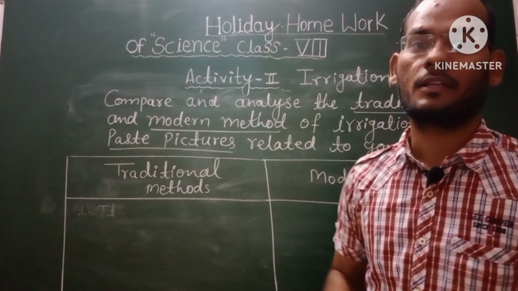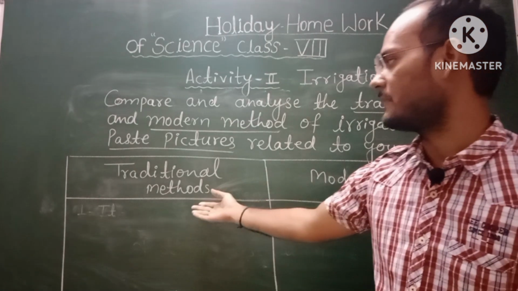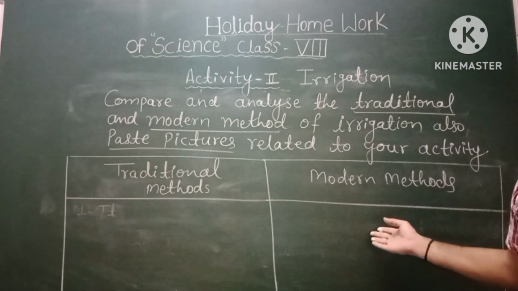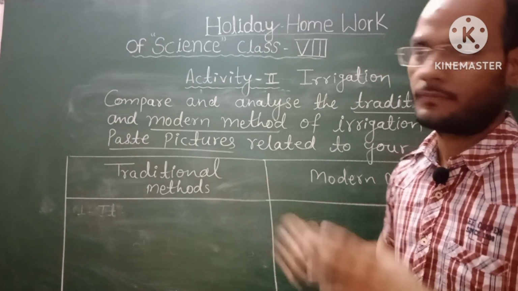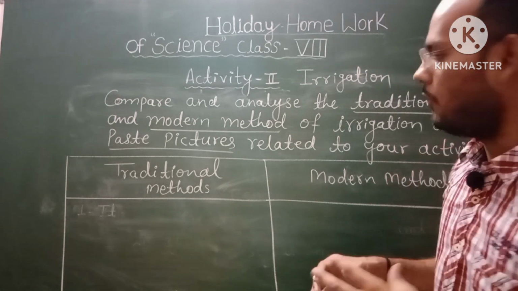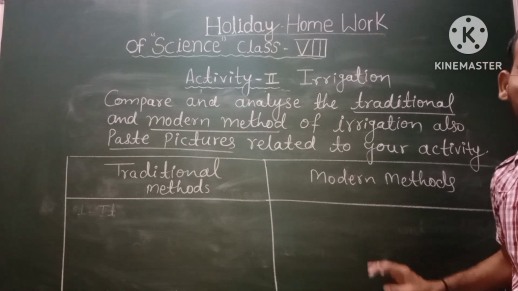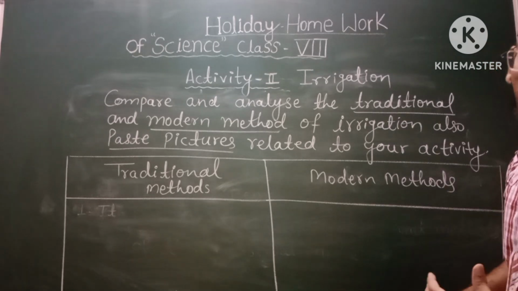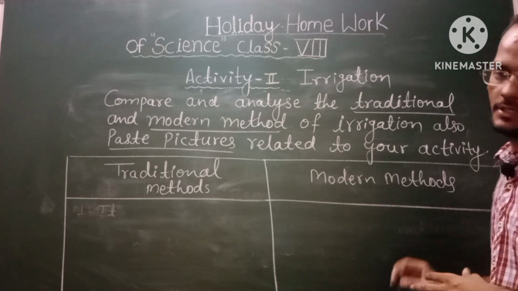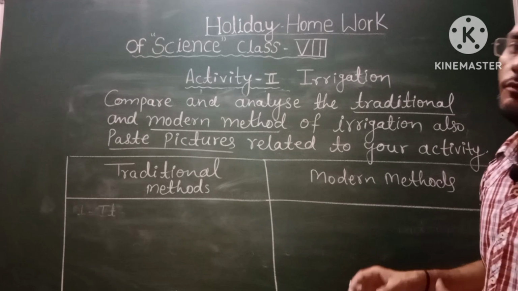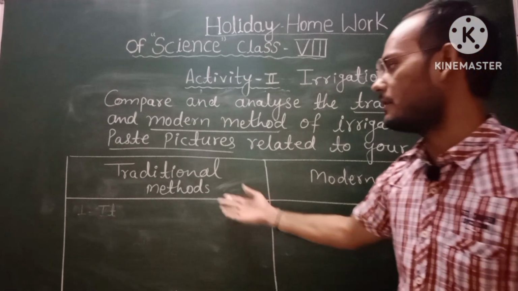Clear? And this is less expensive, but this is more expensive. And in the traditional method water is wasted, but in modern method water is conserved by use of better methods of irrigation. Clear? So by this way you can compare between the traditional methods and modern methods of irrigation.